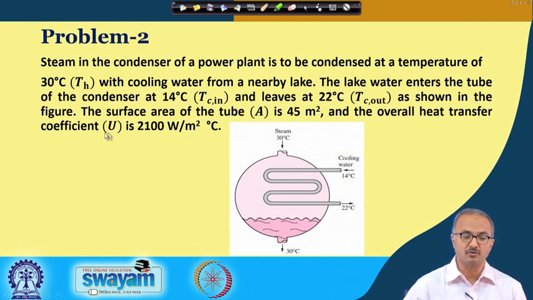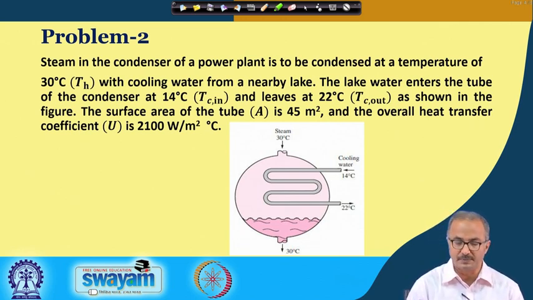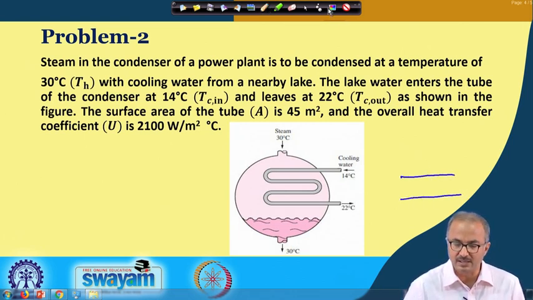Please understand, this overall heat transfer coefficient is there because it has to take care of the heat transfer resistances between the wall, within the tube, that liquid, and the outside steam. As you have seen in our lectures, if this is the tube, then there are various resistances possible.